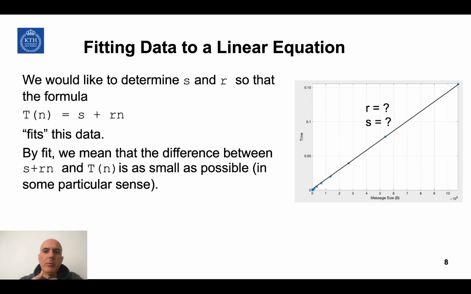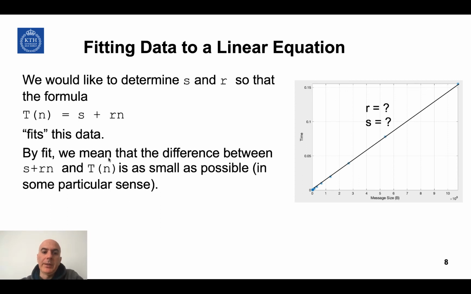What we are interested in is going from these several data points to a line, right? So we will need that line to calculate the bandwidth and the latency. We would like to determine S and R, so that the formula communication time equal to S plus R multiplied by N fits this data, right?